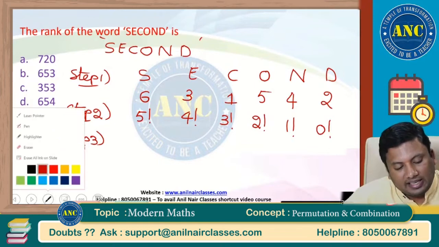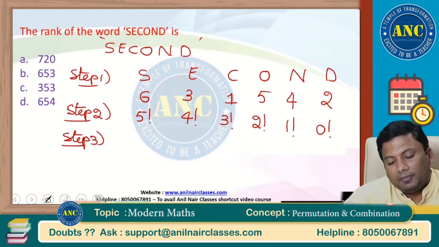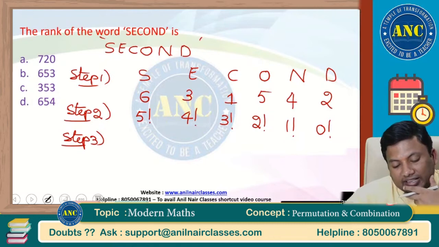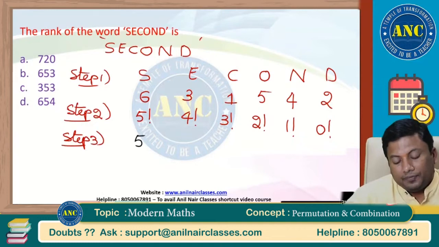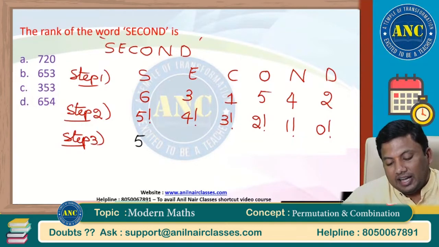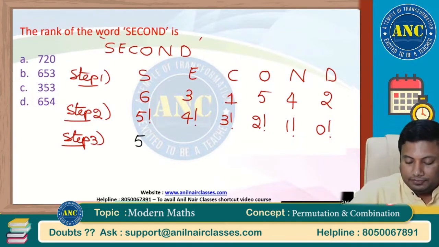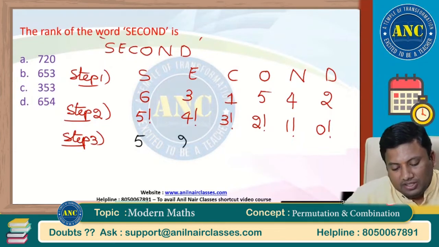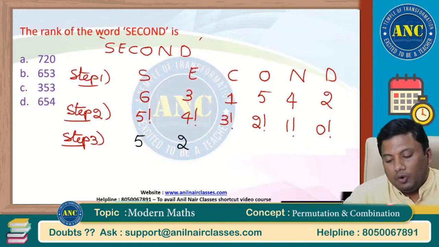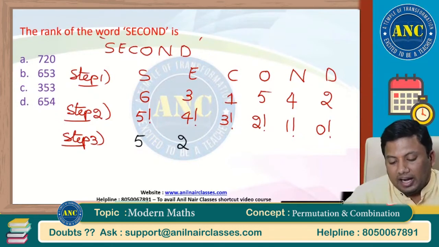If it is 6, how many numbers to the right side of 6 are less than 6? 3, 1, 5, 4, 2. This is nothing but 5. How many numbers are less than 3 to the right side of 3? 1 is less and 2 is less, which is nothing but 2. How many numbers on the right side are less than 1? This is nothing but 0.